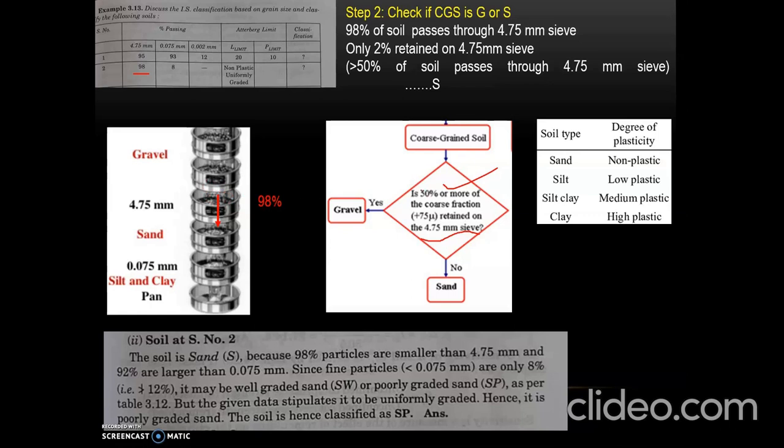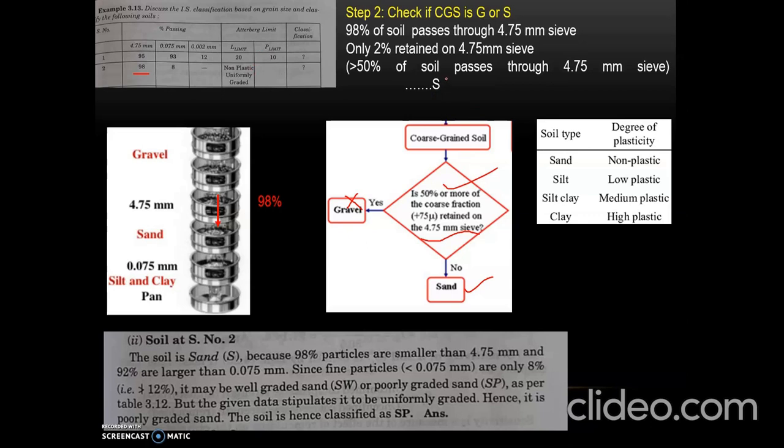So definitely 2% is less than 50%. So this condition is not satisfied. That means since 98% passes through 4.75 mm sieve, it will be sand. So we confirm that the first letter will be S.